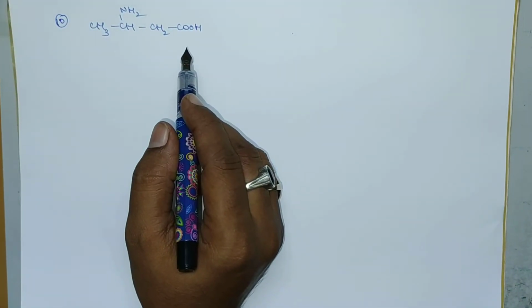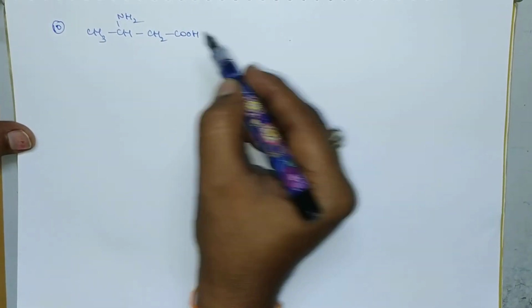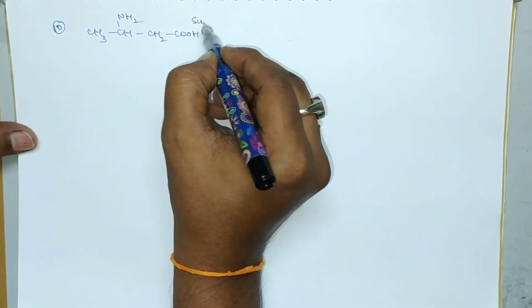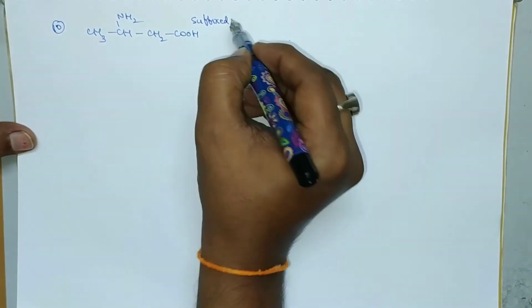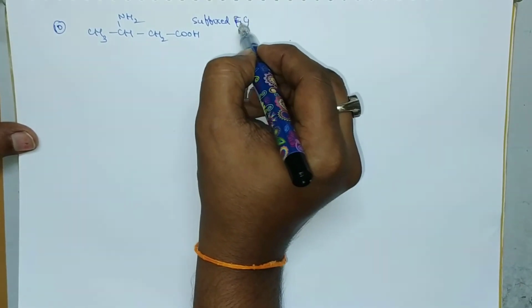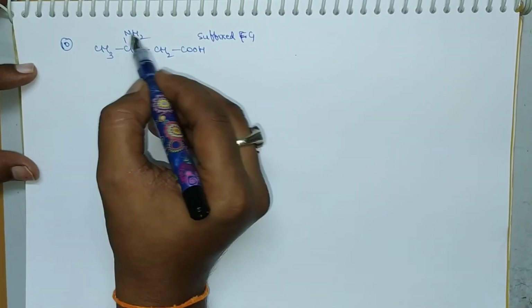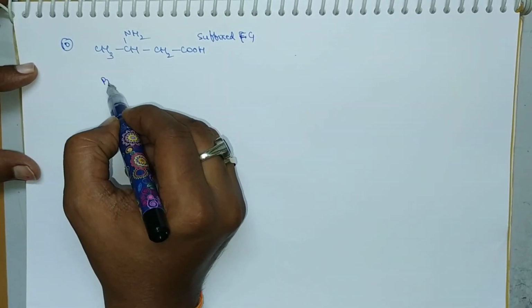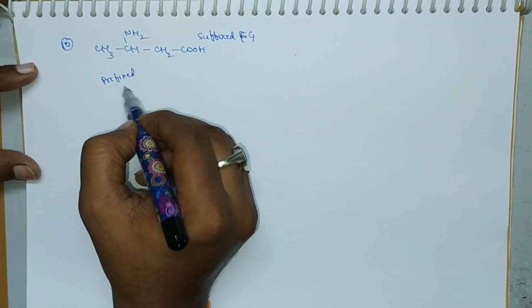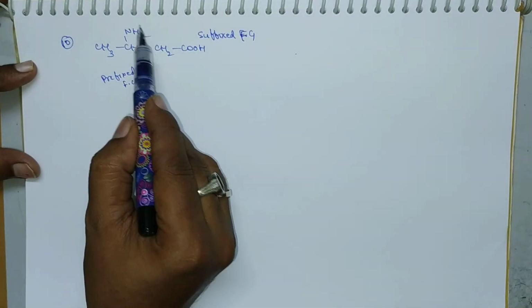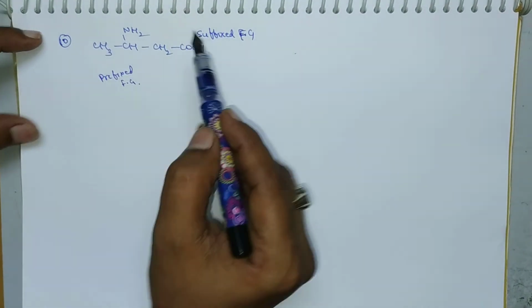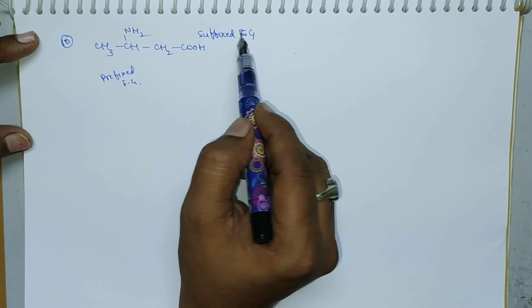Here the functional group COOH is the suffixed functional group, whereas NH2 is called the prefixed functional group. That means this functional group is considered in the prefix, whereas this functional group is considered in the suffix.